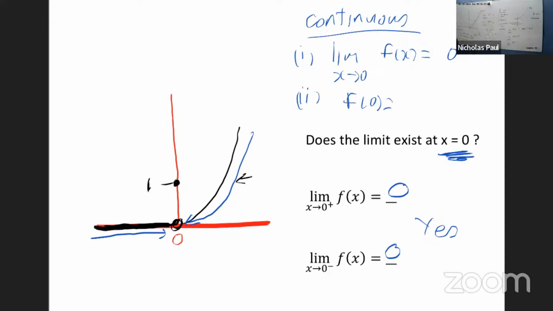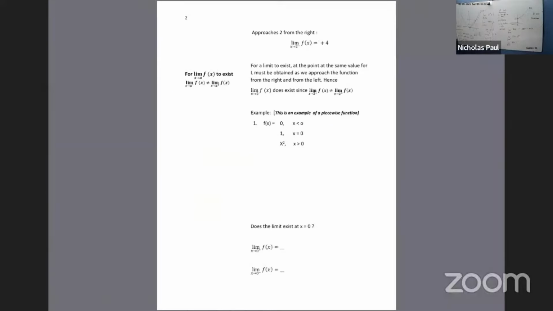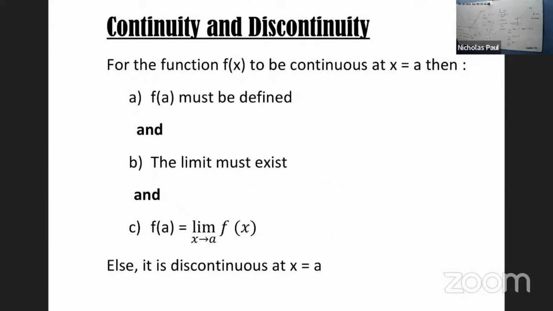When x is 0, the function is 1, right? They are not equal. They are not equal, therefore, discontinuous. All right, let's do one more like this. Those are the rules of continuity. Write it down.